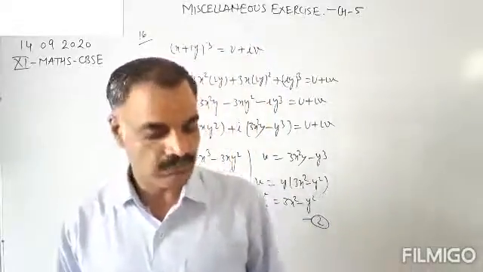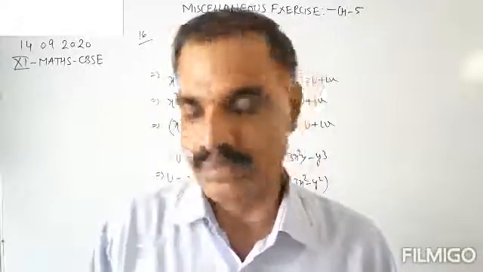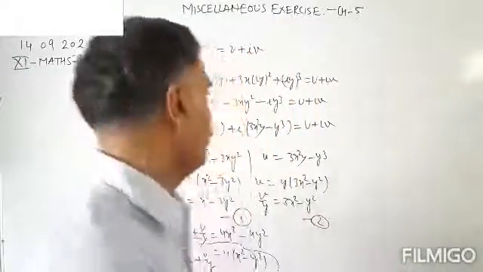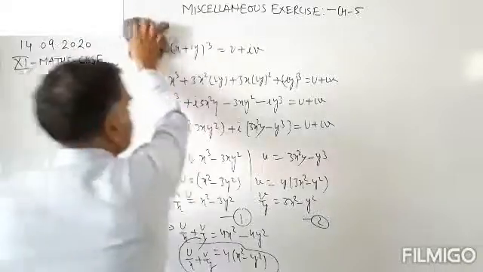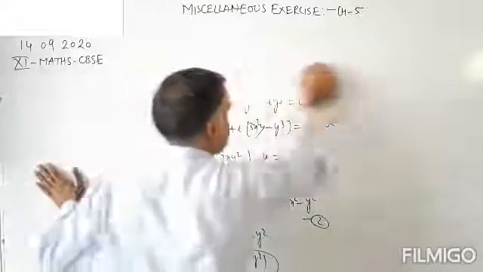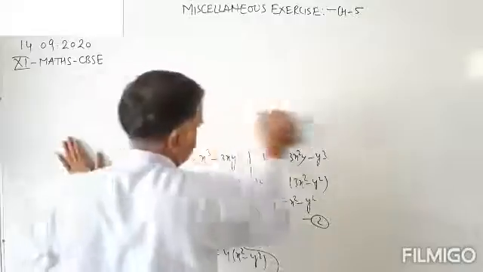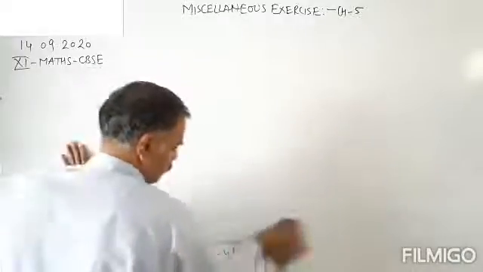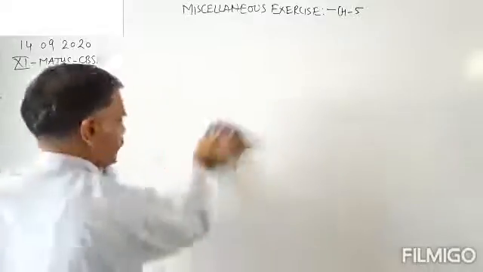Now we will solve one more question, question number 17. 17 is a must question, so let us take the question number 17. Let us have the solution of the question number 17.